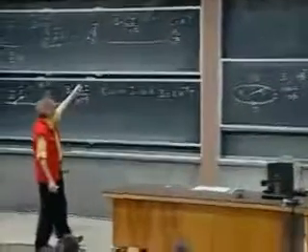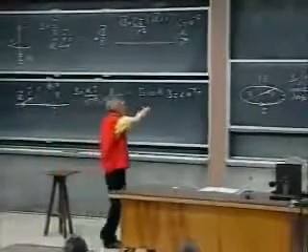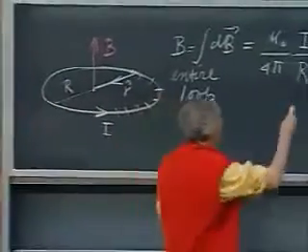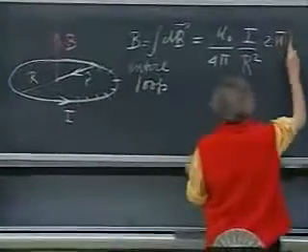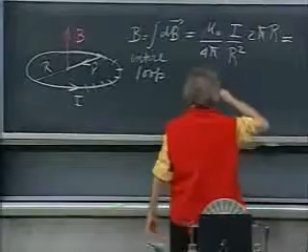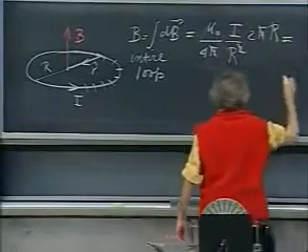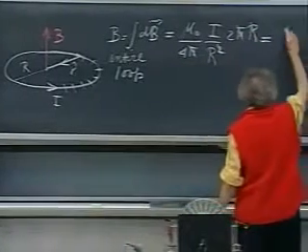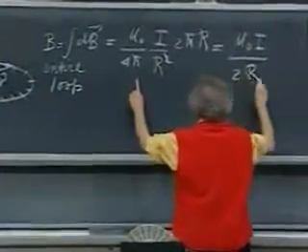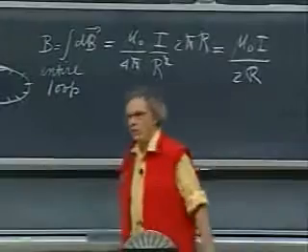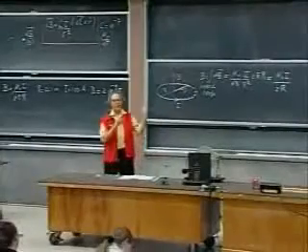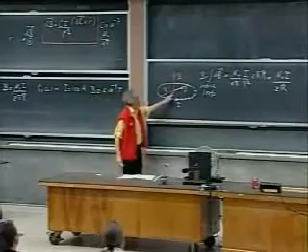And so all we have to do is an integral over dl, which is the integral around this circle, which is the circumference of the circle, and that is 2 pi r. And so now you lose a pi, you lose an r, so you find mu 0 times I divided by 2r. Just to show you an example of how easy it is to use Biot-Savart and calculate the magnetic field right at the center.